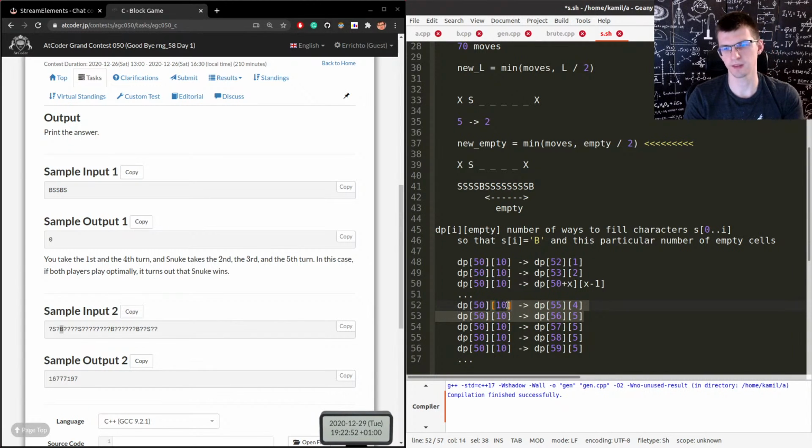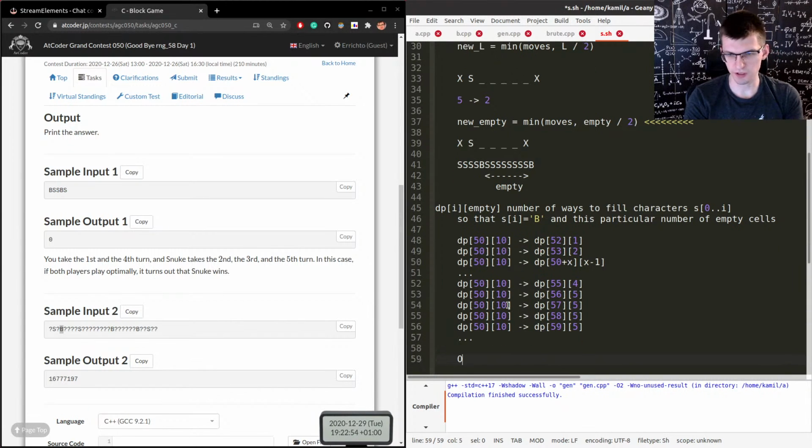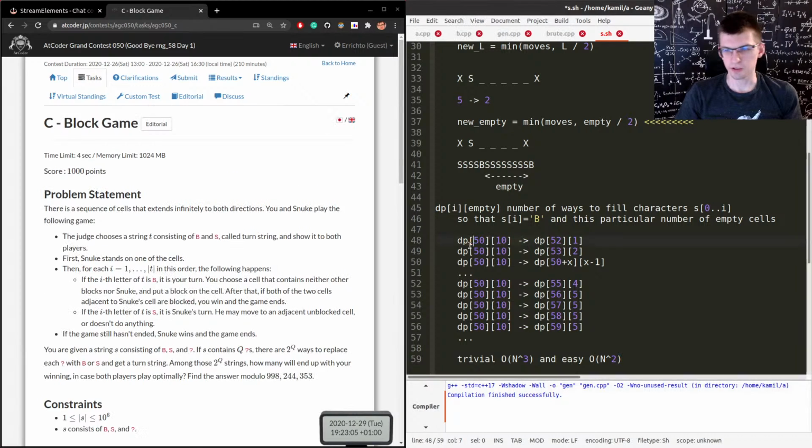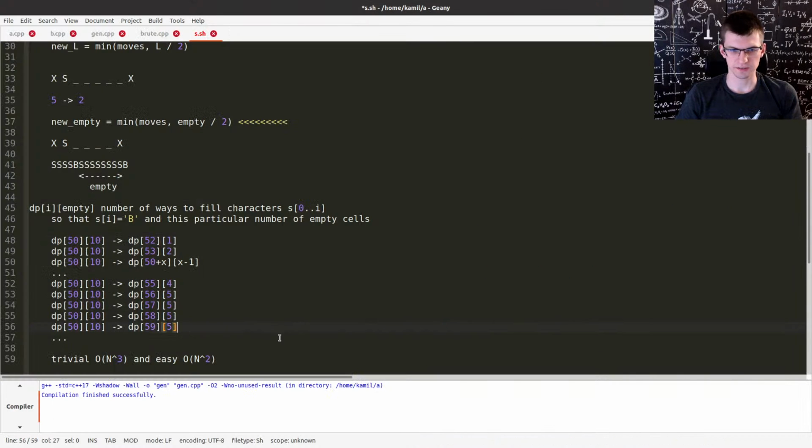All right, so n cubic is trivial, and easy-ish n square with prefix sums. Then the difficulty will be to do it faster.